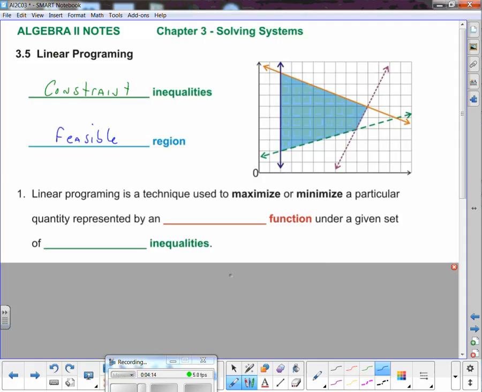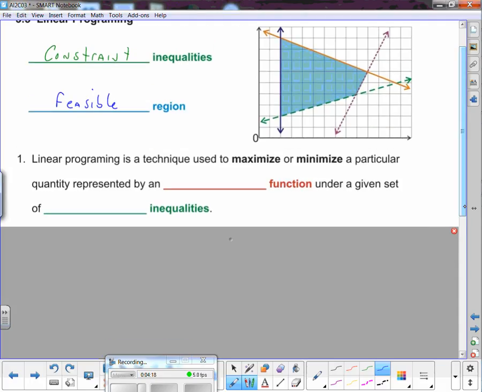All right, so linear programming: a technique used to maximize or minimize a particular quantity represented by an objective function, under a given set of, and here again we go, constraint inequalities.